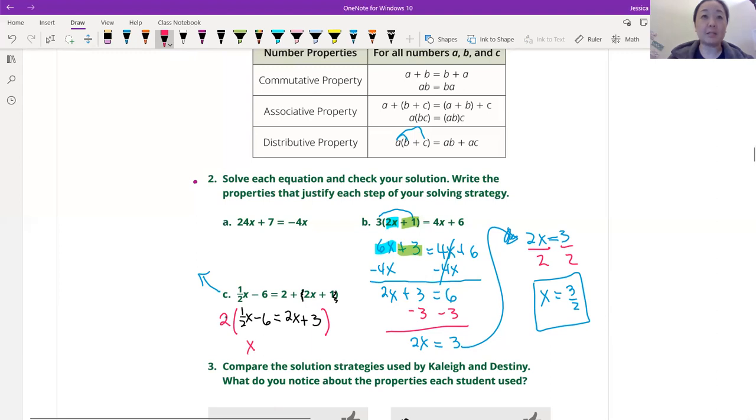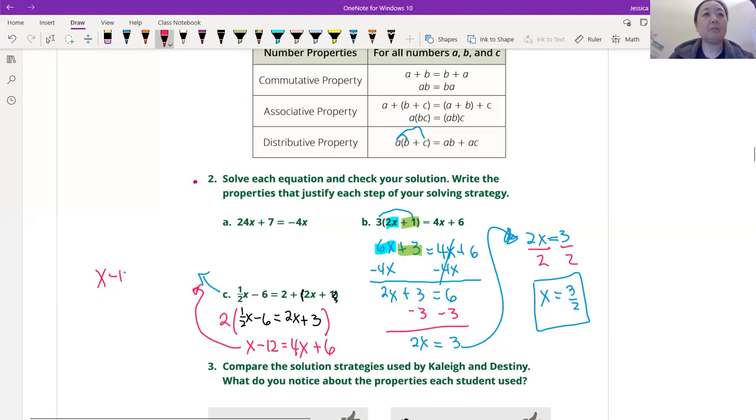Don't forget our x. So 2 times 6 is minus 12 is equal to 2 times 2x, which is 4x, and 2 times 3 is going to be 6. Notice everything was doubled, right? Because it's times 2. That means double, right? So we know we did our job then.